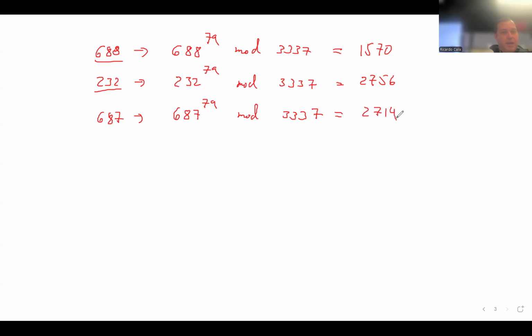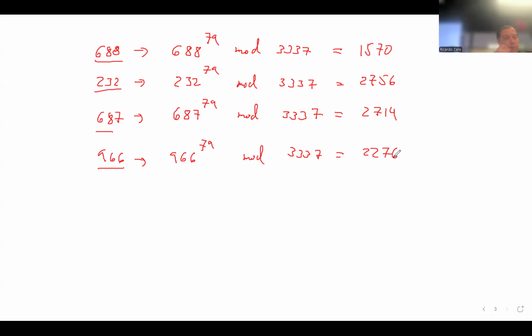Okay. Then the next one, we just have two more. The next block is 966, right? So we take 966 to the 79 mod 3337, and that gives us 2276.